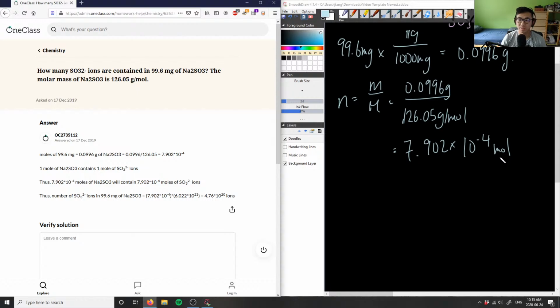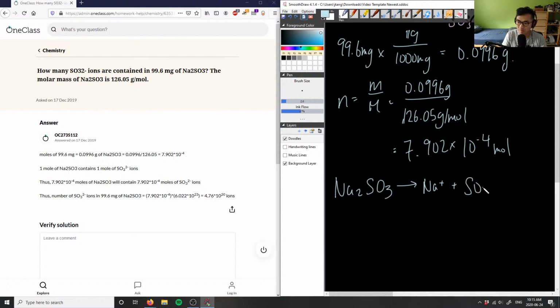So let's see. What we have here is, now we have to find some mole ratio, right? So we can look back at our compound, which is Na2SO3. If we want to break this down into its components, we have Na+ and SO3 2-, and we have 2 sodiums here.